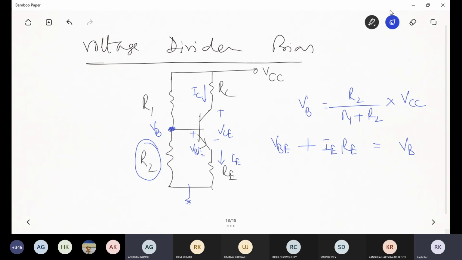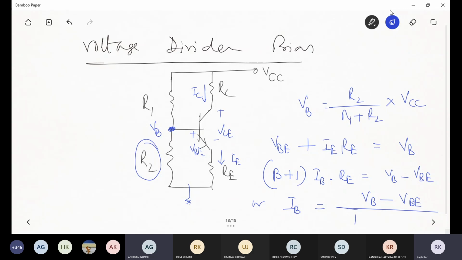IE RE is the potential drop across RE, and if I substitute IE is equal to beta plus 1 into IB, so we get VB minus VBE, because our target is to find out the value of IB. So IB will be VB minus VBE divided by beta plus 1 into RE.